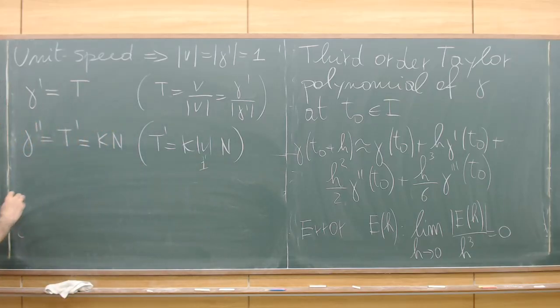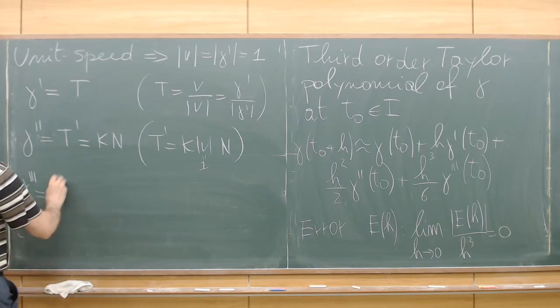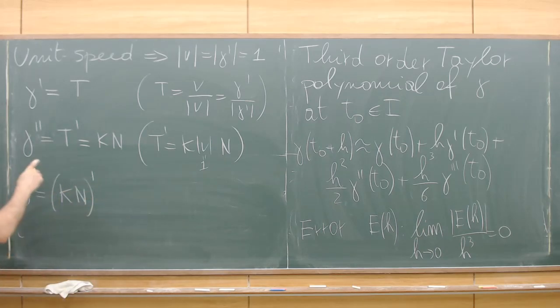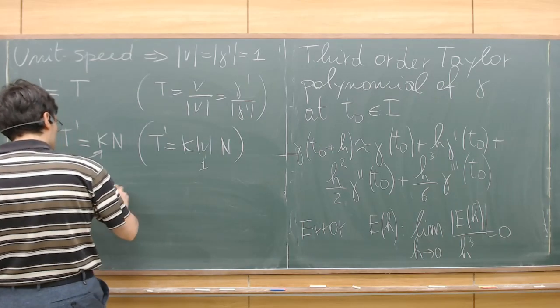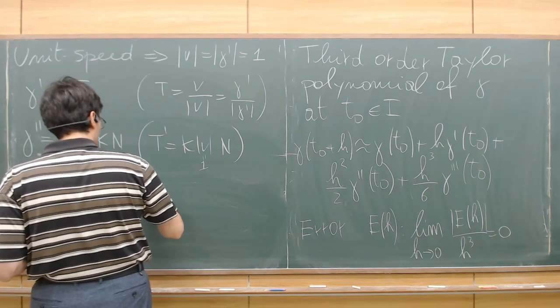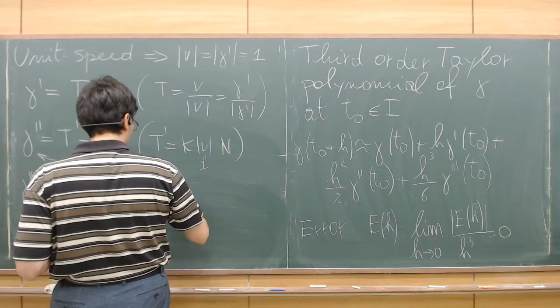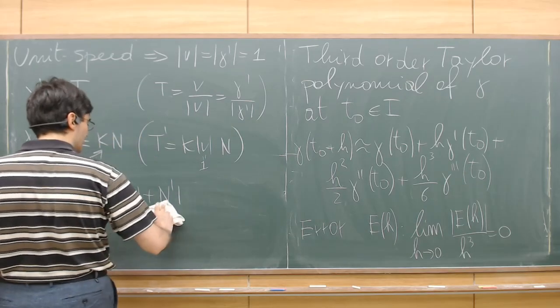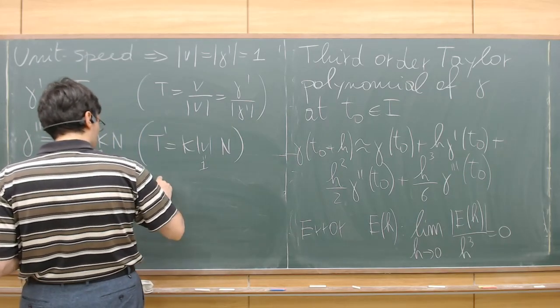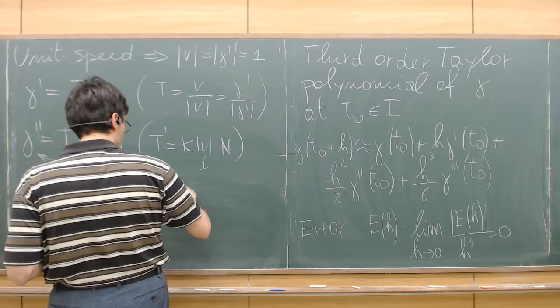What about gamma third? Gamma third is kN prime. Why? Because gamma second is kN. So we get k prime N plus N prime k. I want to write it in the other order: k prime N plus k N prime.